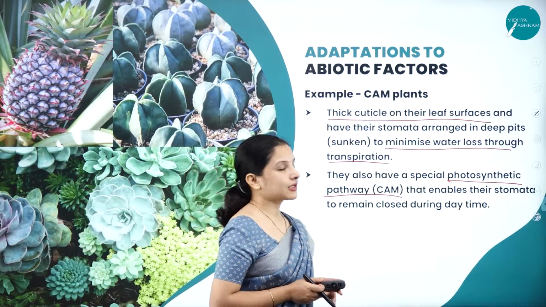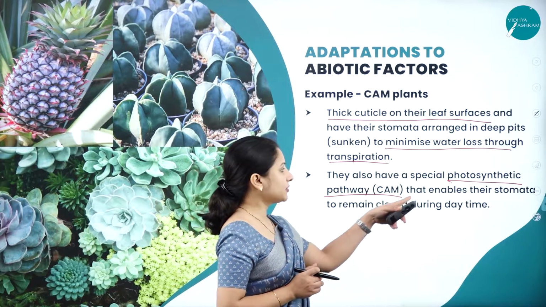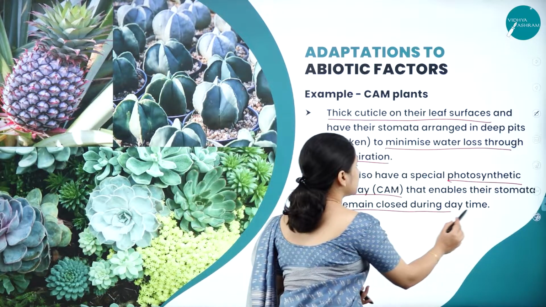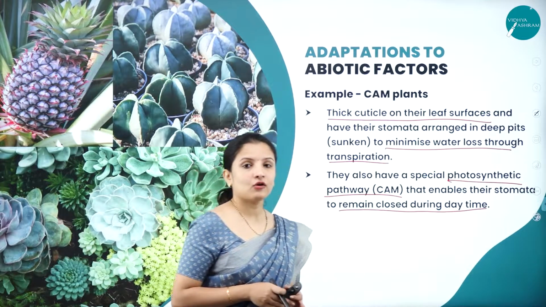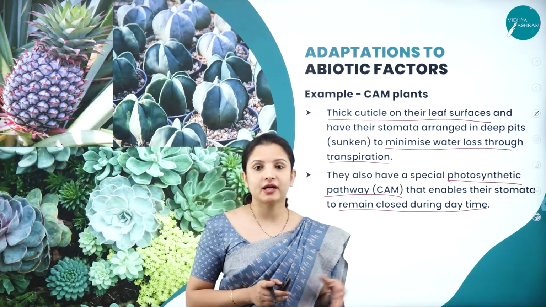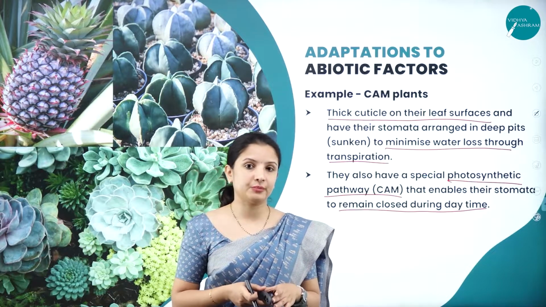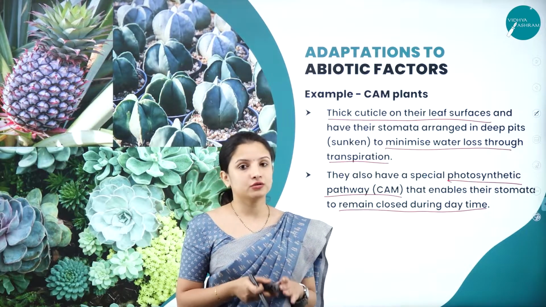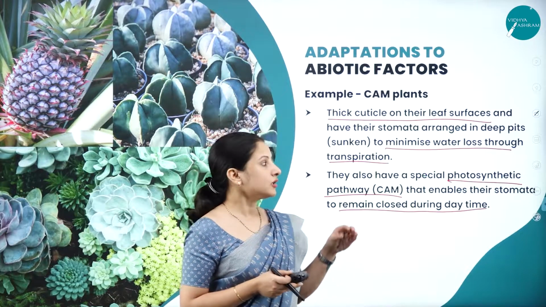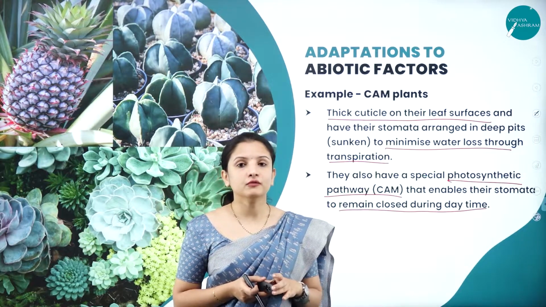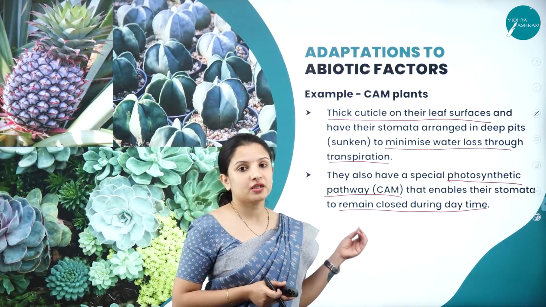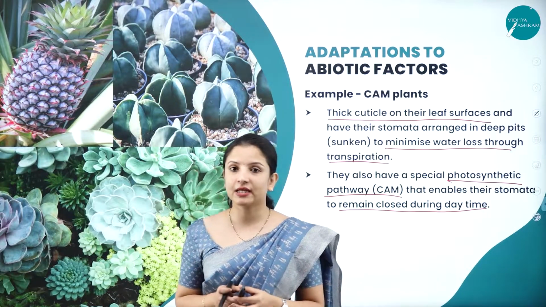And this Hatch and Slack pathway actually enables their stomata to remain closed during the day. So in spite of the absence of carbon dioxide, because the stomata are closed throughout the day, they can also photosynthesize, especially by a pathway called the Hatch and Slack pathway.